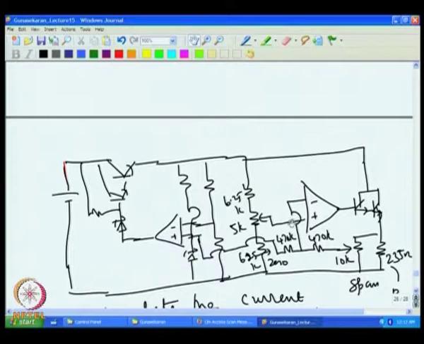Essentially the voltage at this point and the voltage at this point have to be the same all the time.